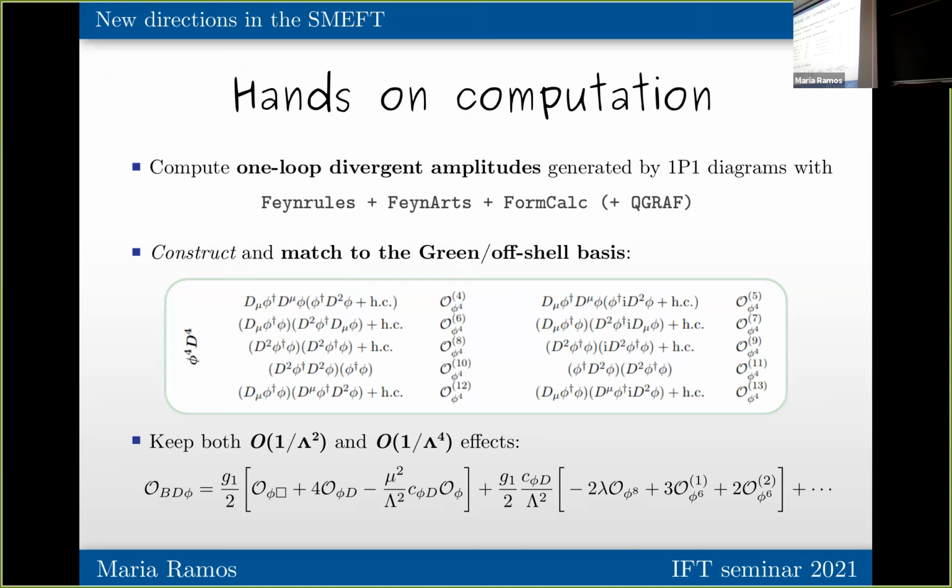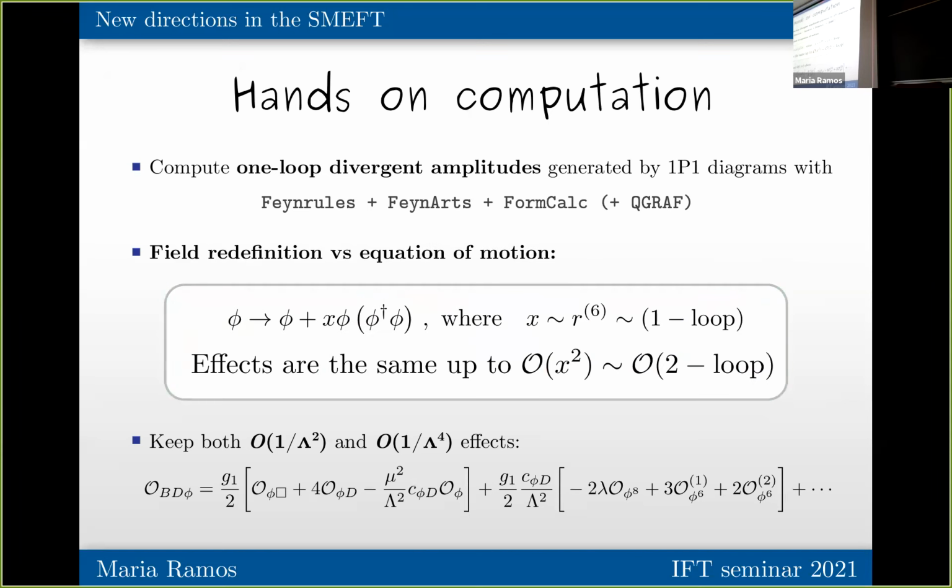Another thing I wanted to mention is that I'm saying that here we are removing operators with field redefinitions, but we can also do it with the equation of motion. But that is true only up to linear order in the perturbation. Imagine you want to remove some operator of dimension 6, and you do some field redefinition like this, where x is what I call the perturbation. Then you have to match to a redundant operator, which was already fixed by some divergent amplitude.